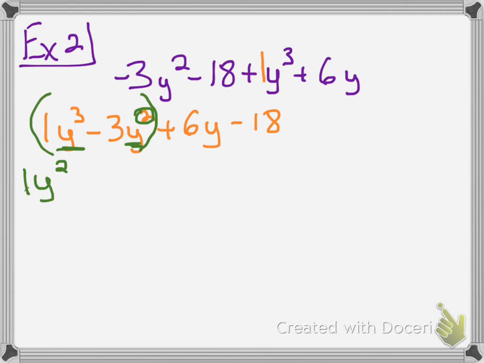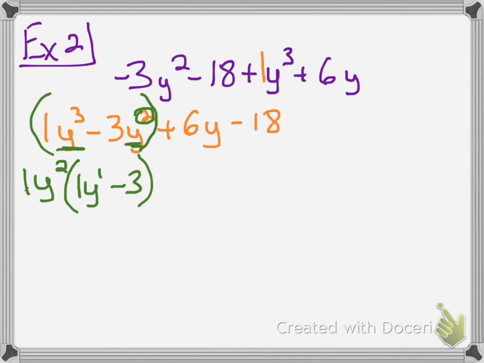Now I can bring down a set of parentheses and simplify. 1 divided by 1 is 1. I take y squared away from y to the third, which only leaves 1y left. Minus 3 divided by 1 is 3. You take y squared away from y squared, you have nothing left. So right here, we're done. Kind of looks pretty similar.